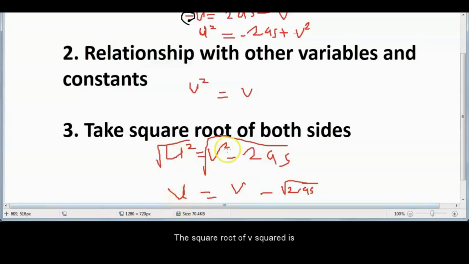The square root of v square is v. The square root of 2as stays as it is, because a and s are not discrete values, in addition to being unlike terms.